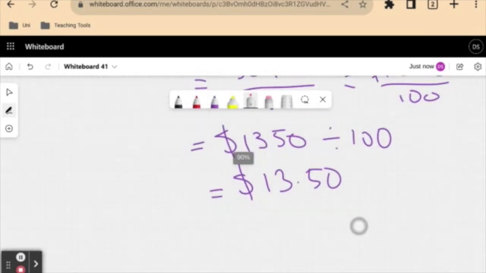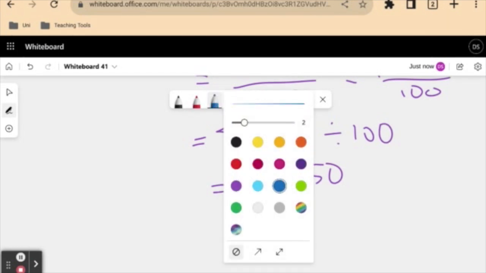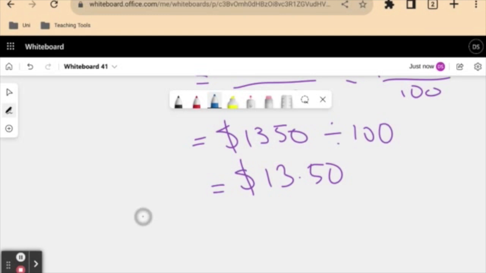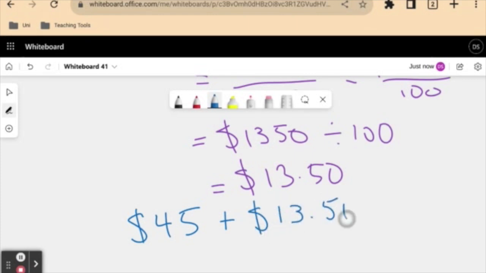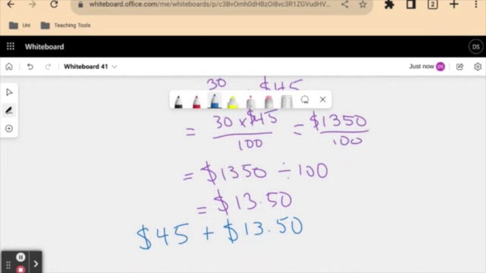Now, because we wanted to increase by this percentage, all we're going to do is take our original quantity, 45, and we're going to add 13.50 to that. And we will end up with $58.50.